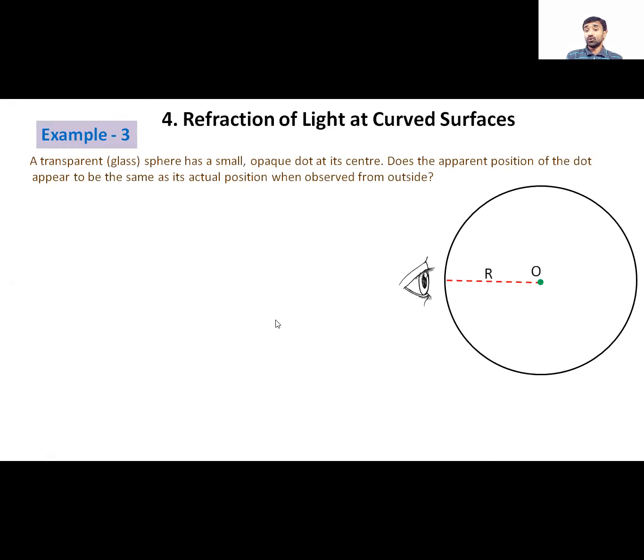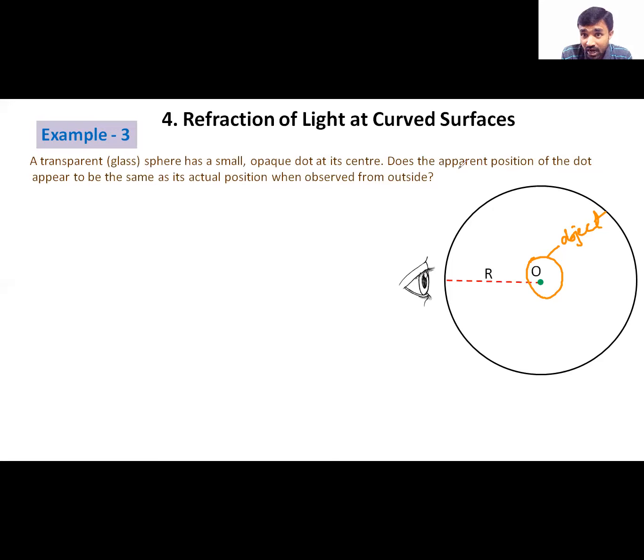At what distance do you have the object from the surface? What is the object distance here? Which is the object? See the question: a transparent glass sphere has a small opaque dot at its center. So this is the object.